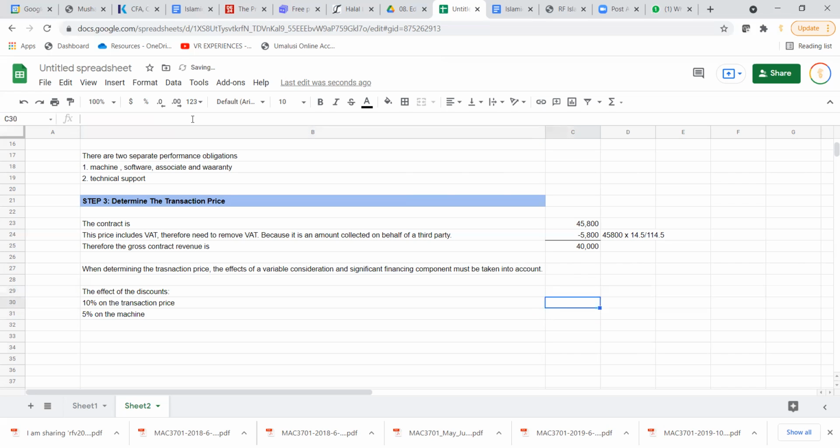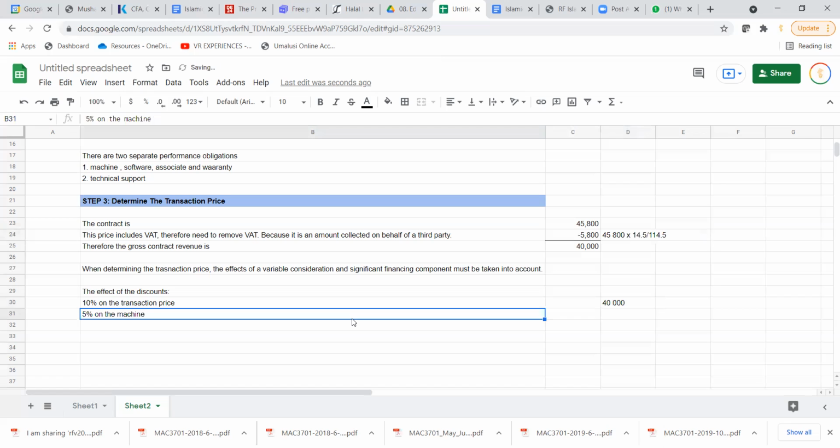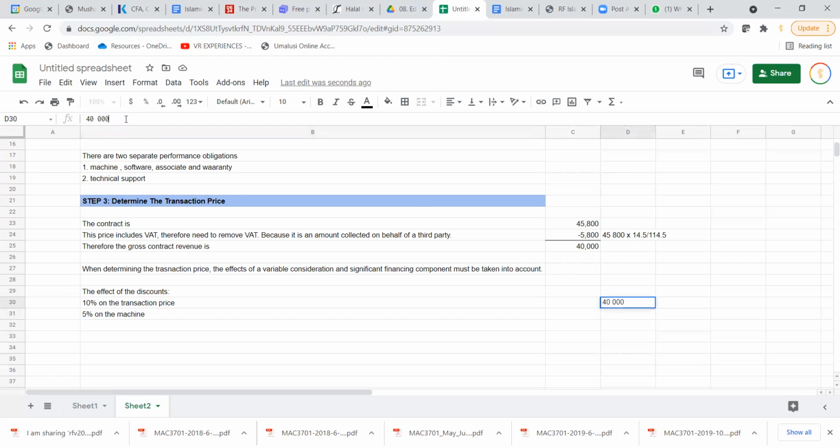So if we have a look, the transaction price is 40,000. And the discount is 10%, so we say multiply by 10%.